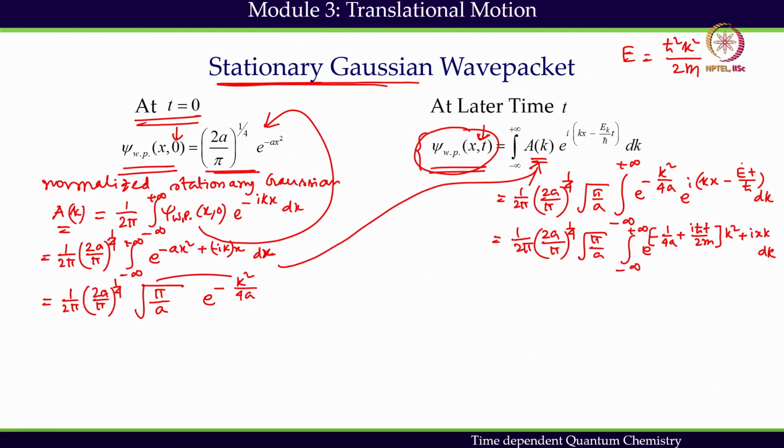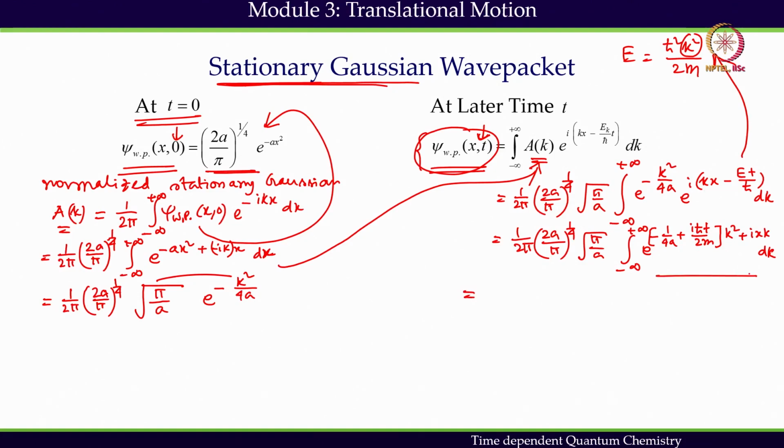Here I have inserted this E value. So this part is inserted, that's why I get this k square part, and this k square part is taken out, and I get i h cut t by 2m.